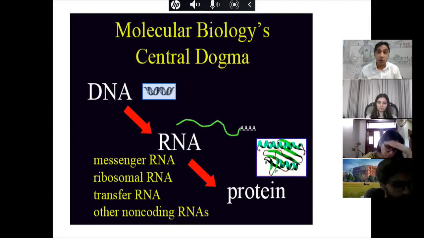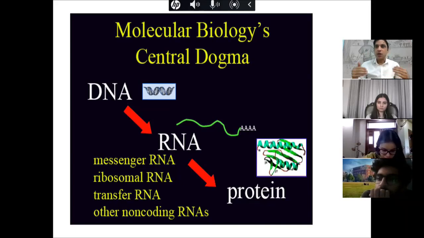If the protein is not required at that time, and it is created, the cell will put certain modifications on the protein structure, so that the protein is inactivated but present. When the function is required, those modifications will be removed, and then the protein can be used for its function.